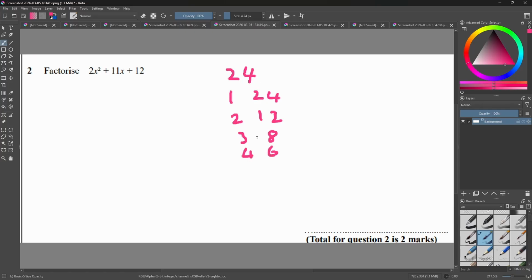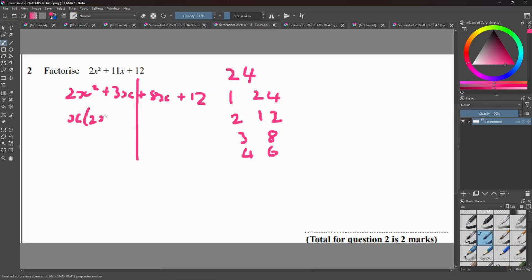Now we're going to use 3 and 8 because that makes 11. So we have 2x squared plus 3x plus 8x plus 12. Draw down our line. The highest common factor here is just x because 2 and 3 don't have any common factors. So it's just x, and we have 2x plus 3.